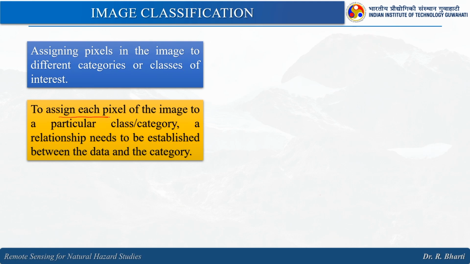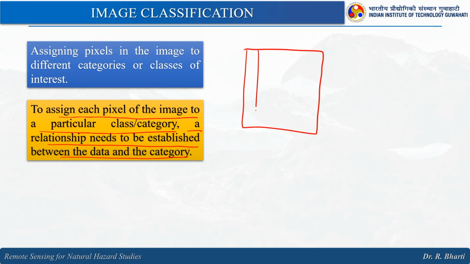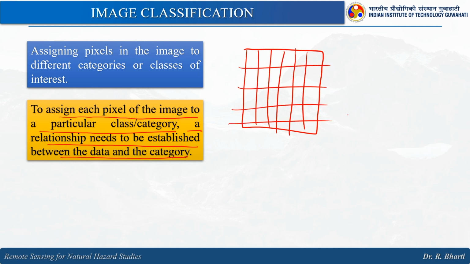To assign each pixel of the image to a particular class or category, a relationship needs to be established between the data and the category. Now, let us say this is a particular image, and from the field we know that this particular pixel belongs to forest, this belongs to water.